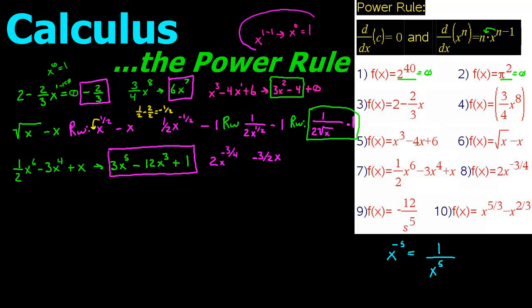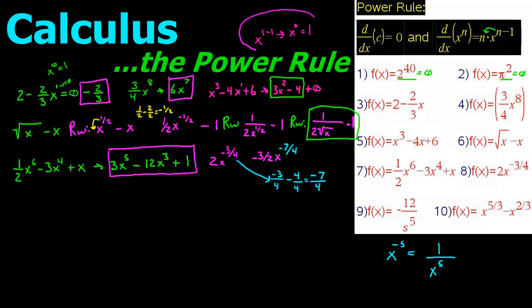Now for the exponent we've got to subtract 1, so we've got a negative 3 over 4 minus 4 over 4, and 4 over 4 is the same thing as 1, so you get a negative 7/4. So this exponent is going to be a negative 7/4.